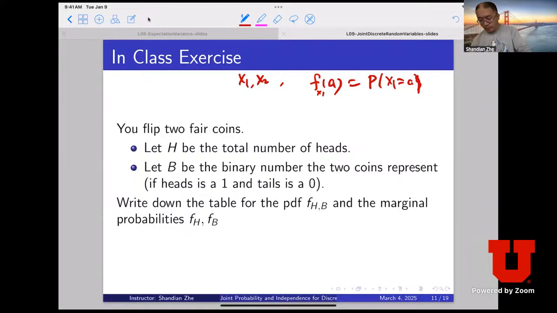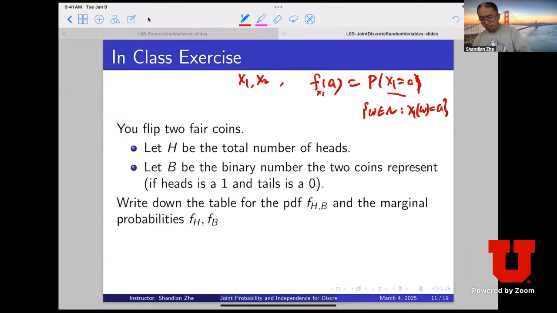This is a special event which includes all the samples in the sample space such that the random variable's value on that sample is a. We have reviewed this concept again and again. It just defines a particular type of event.